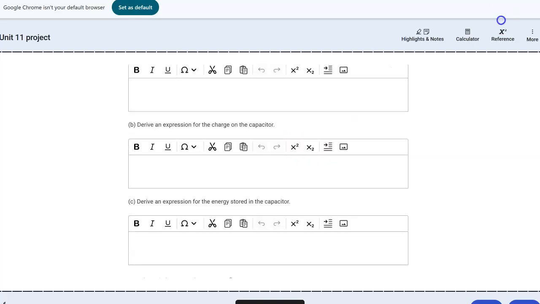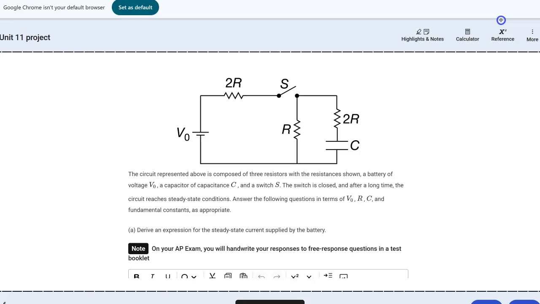Derive an expression for the charge on the capacitor. Well, we know the right branch is series, R plus 2R is 3R across V naught, so our current I equals V naught over 3R.